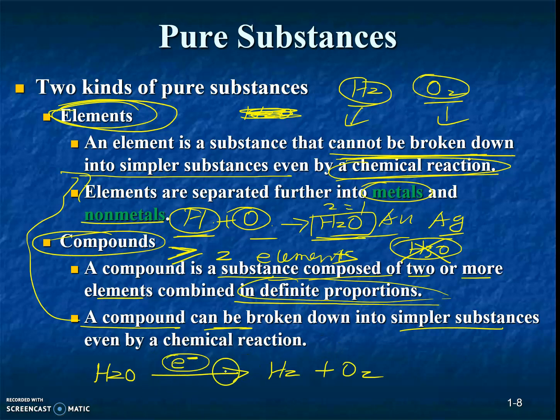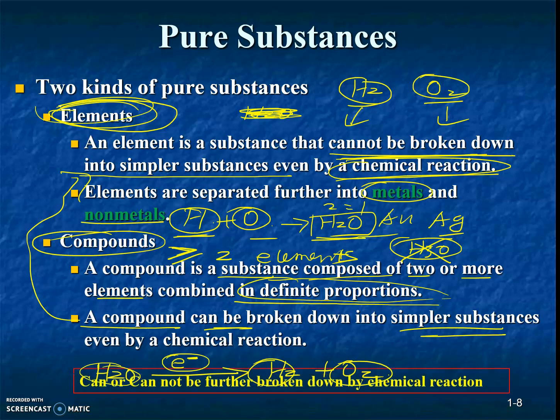If I pass current, electricity, through water, I'm going to break the water molecule into hydrogen gas and oxygen gas. They are simpler substances. So, the big difference between element and compound: can you be broken down? Then you are a compound. Can you not be broken down into simpler substances? Then you are an element.